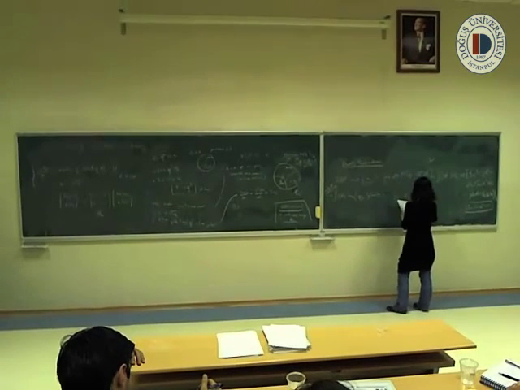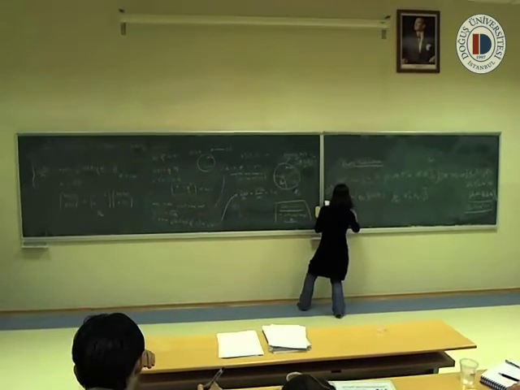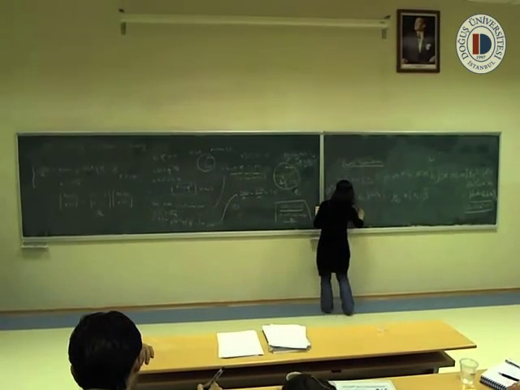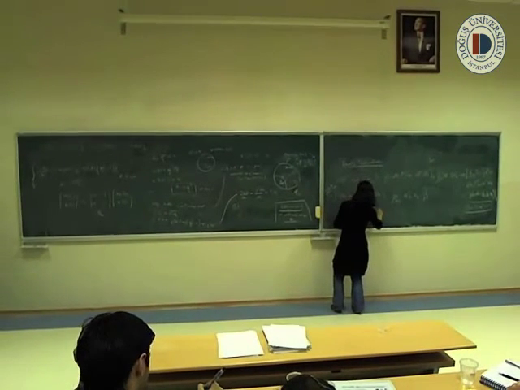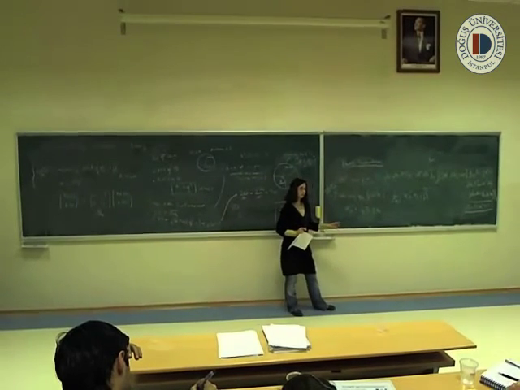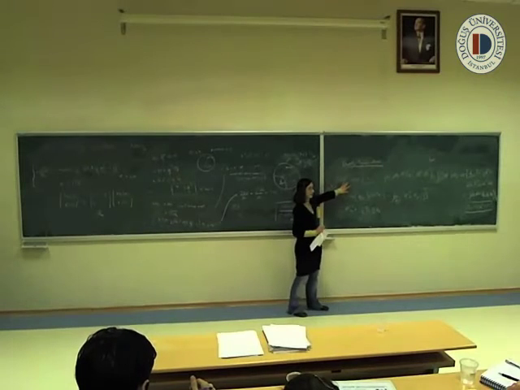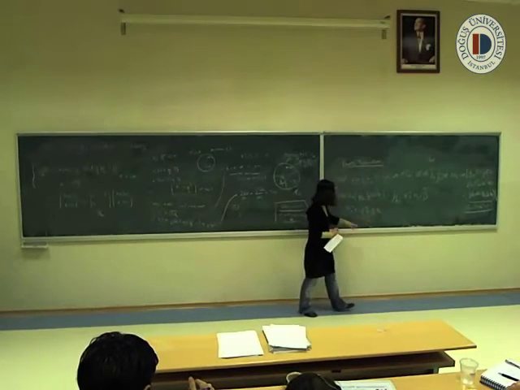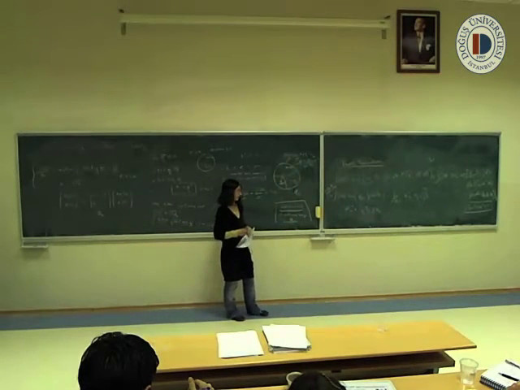You will see that this field W dual alpha shows up, where W dual alpha will be defined as -1/4 D bar D alpha D dual, where D bar D, I remind you, is the auxiliary field that appears in the vector superfield. The D alpha is just the covariant derivative that we define.